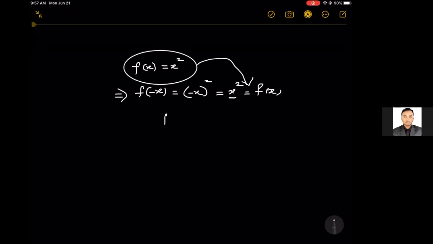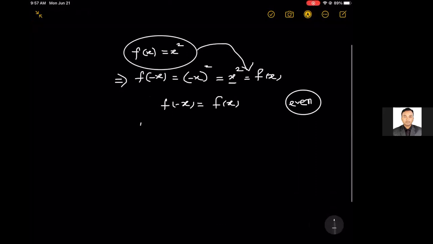So from negative x, we are actually getting the same function in return. So we call it an even function. Any question from this? I guess most of you have already seen this. Still, if you have any question, just let me know.